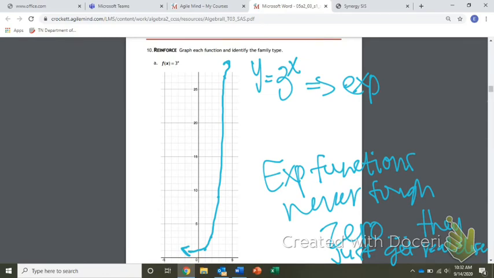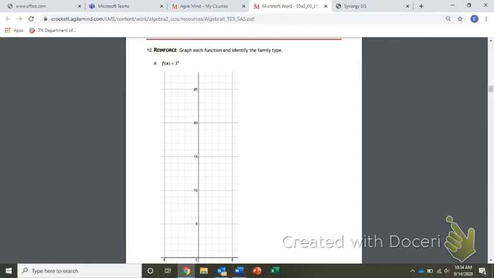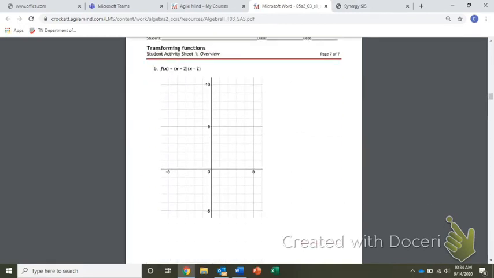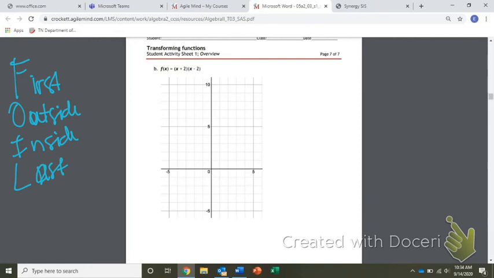Alright, the last one we are going to do is 10B. And we're gonna do first, outside, inside, last. Or you can use this box.